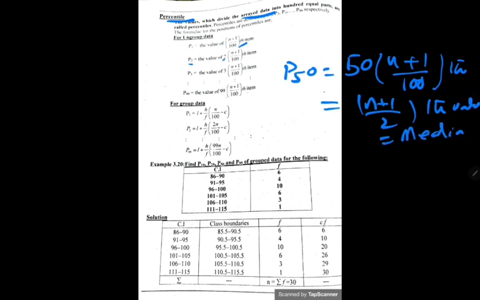So simple. Similarly for grouped data, here are some examples with the same class boundaries and cumulative frequency, solving P10, P25 and P50. This is very simple and easy to understand. I think you can solve all the questions by yourself.